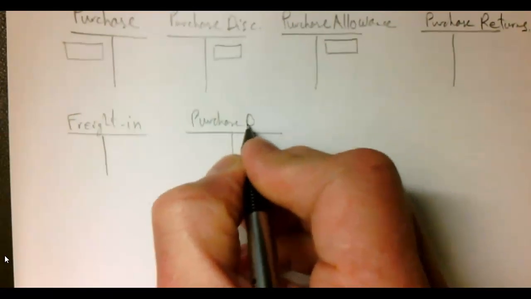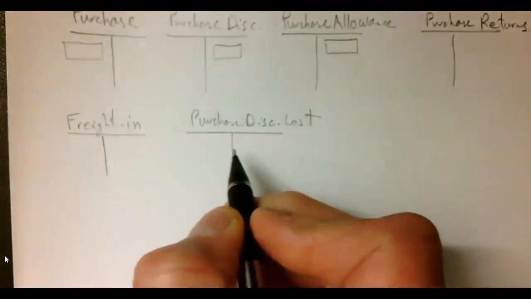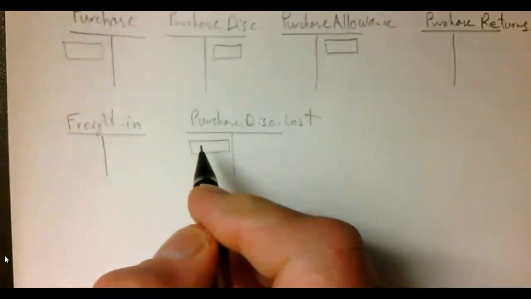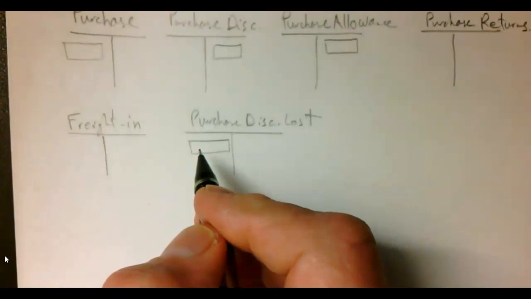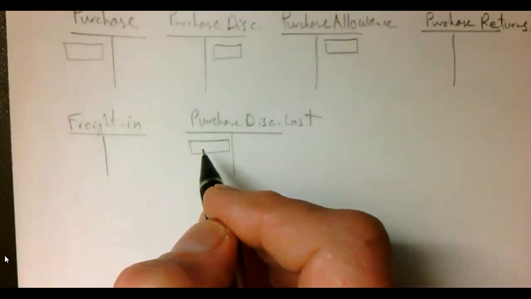Purchase discount lost is the extra money that you pay, just like purchases, because you paid after the due date and you used the net method of accounting.